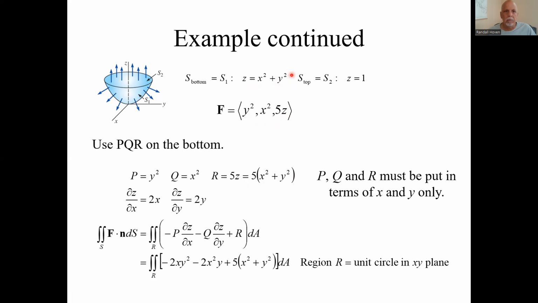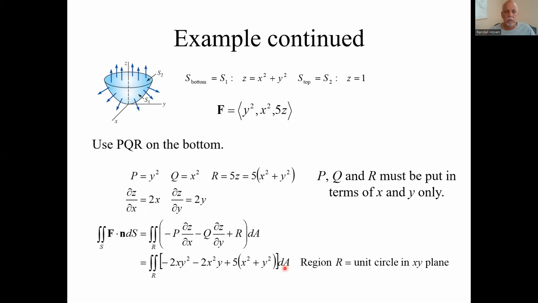On the bottom surface, z is a function of x and y. And then, what's the partial of z with respect to x? 2x. Partial of z with respect to y is 2y. We have all the pieces. Here's the formula. Put them into the formula.